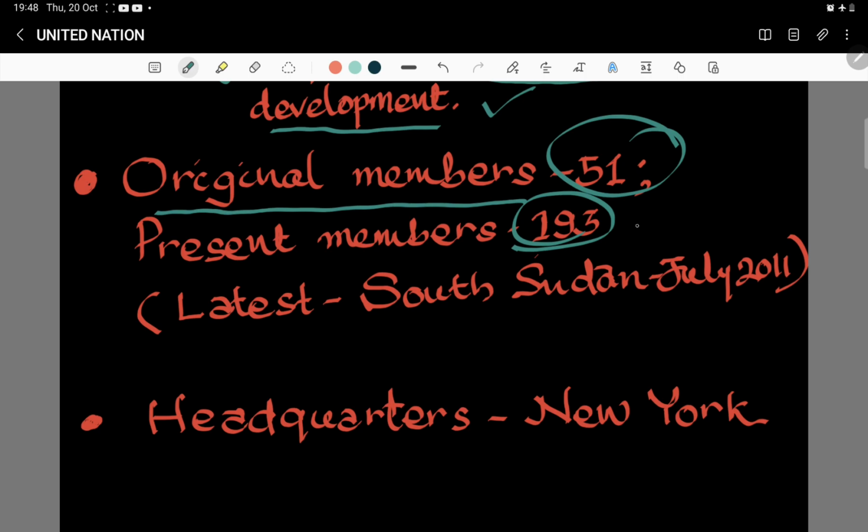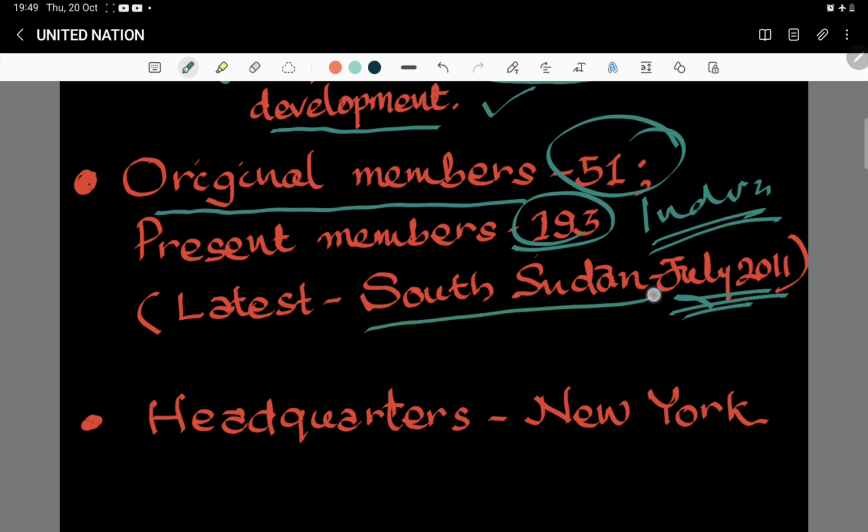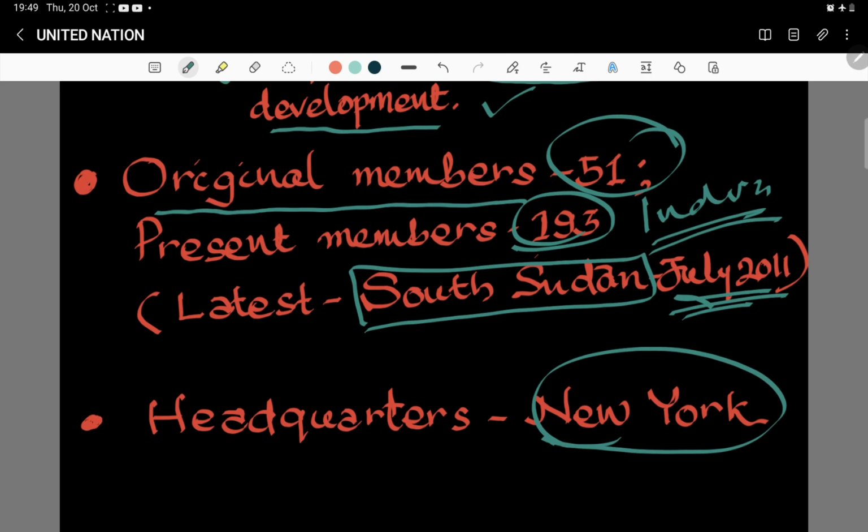India is also a part of the United Nations, but it was not among the 51 original members. The latest country which joined the United Nations in July 2011 is South Sudan, and its headquarters is in New York.